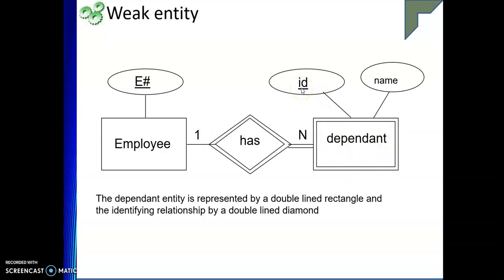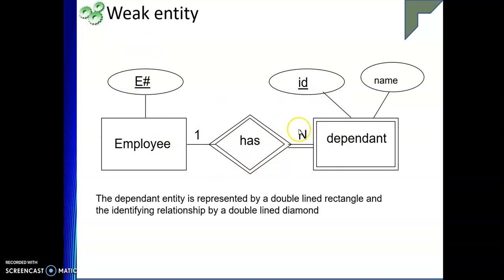A weak entity will have a weak ID which uniquely identifies it, such as the name. But this dependent doesn't have any existence if the employee is not there. So this is one of the relationships for the weak entity.